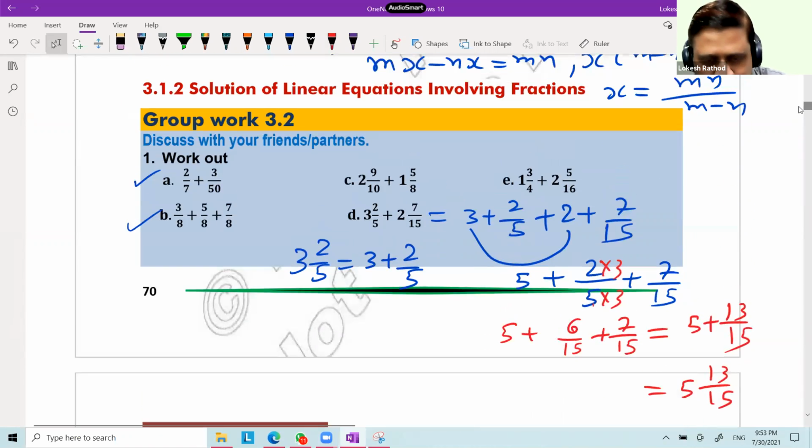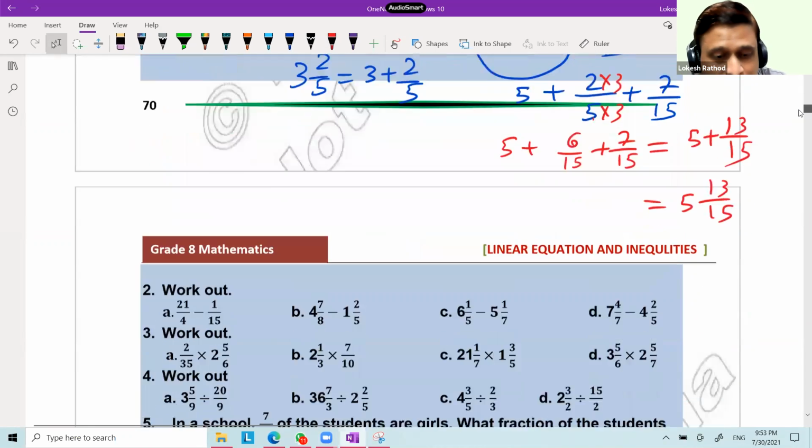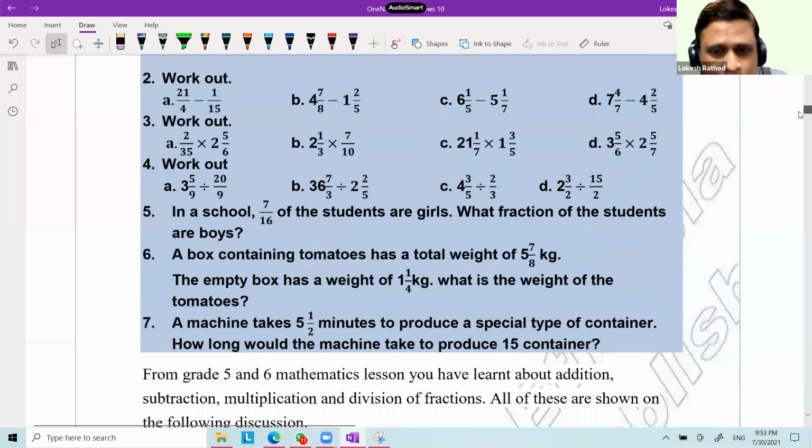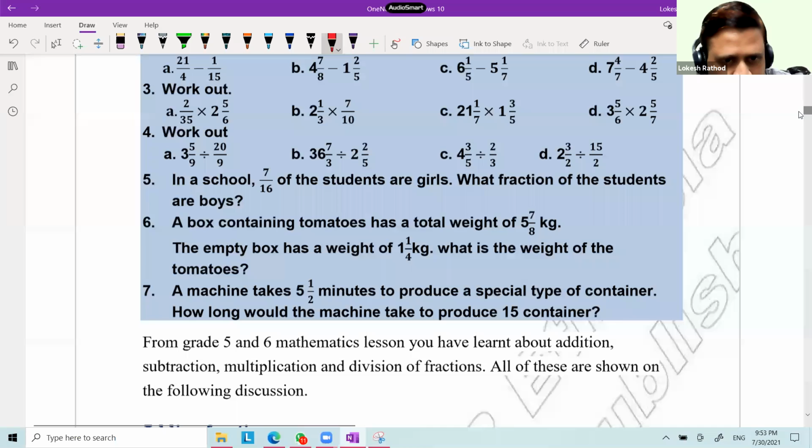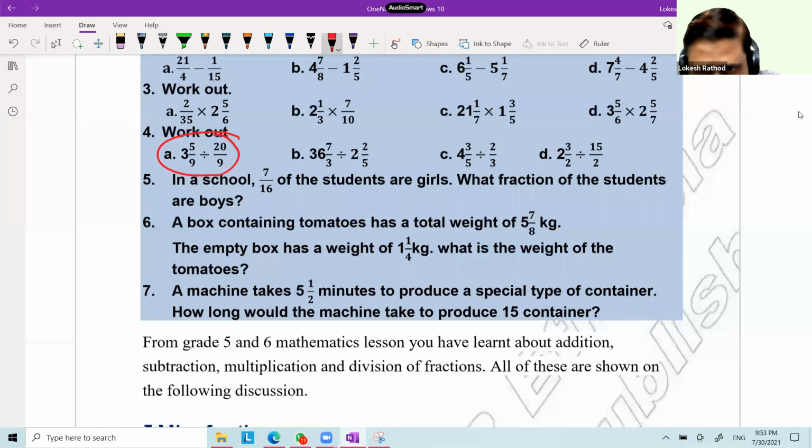Is this clear? So I hope you can do all such questions. Whenever this kind of thing is involved, what do you do? You convert division into multiplication. 9 3s are 27 plus 5. First you convert the mixed fraction into an improper fraction. 9 3s are 27 plus 5 is 32 over 9, divided by 20 over 9.